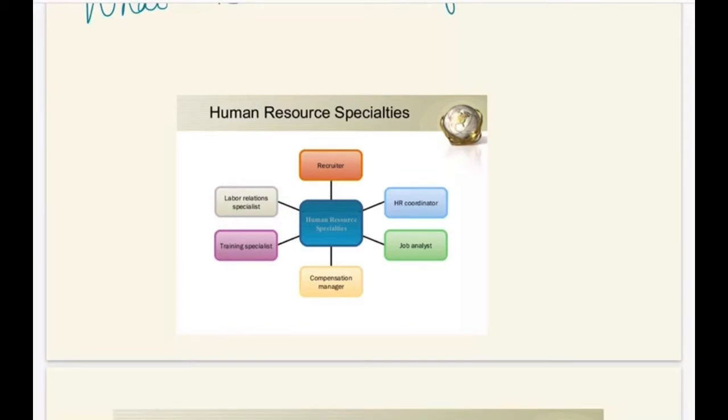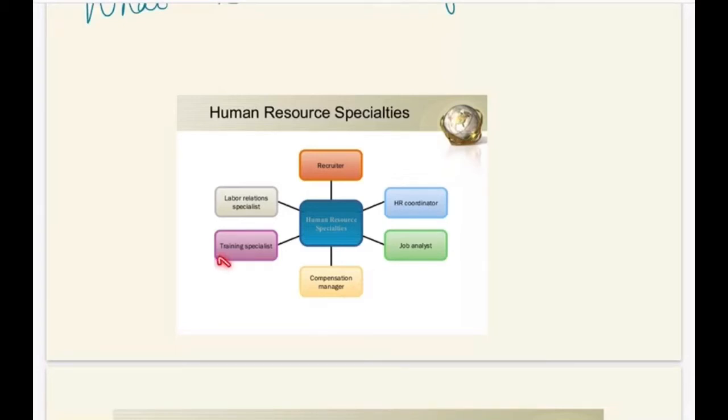If you, as an HR, are going to be good enough in attracting people for a job, you will be a recruiter. If you are able to coordinate various HR activities, you can be a coordinator. If you have analytical skills and assessment skills, you can work as a job analyst. And if you are able to monitor and devise a good compensation policy, you can be a compensation manager.